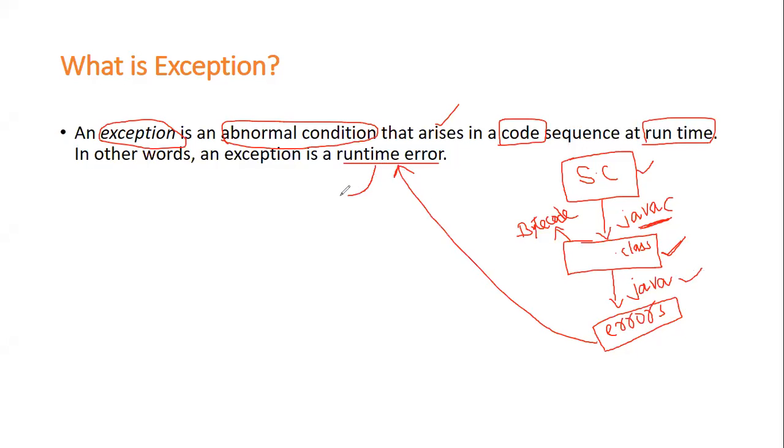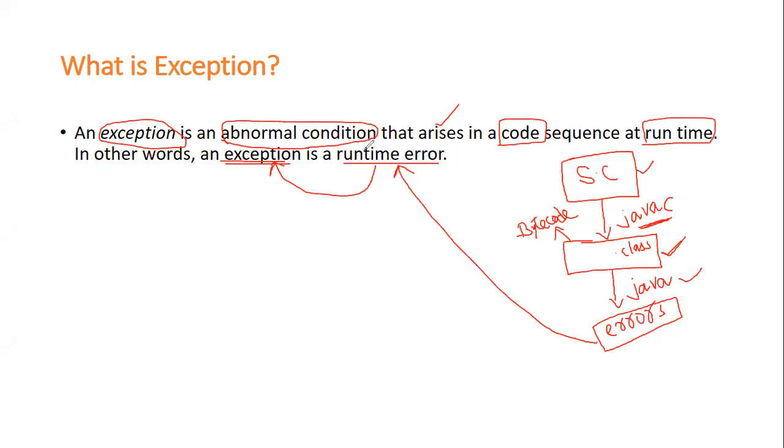This runtime error is what we call an exception. To say it simply, an exception is a runtime error. That is, when you run the program at runtime, you're going to get an error, and we call that error an exception. Is it right, students? I hope you understood this.